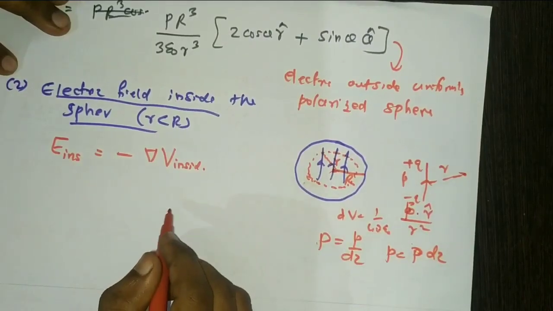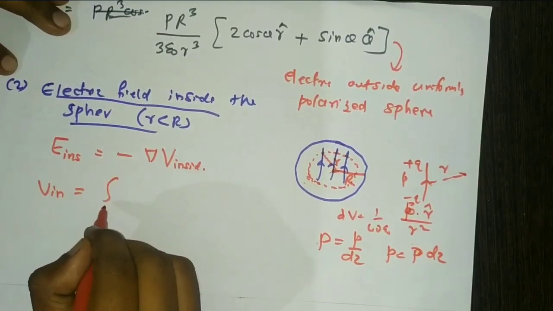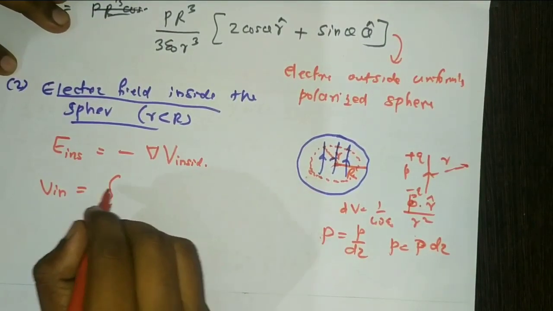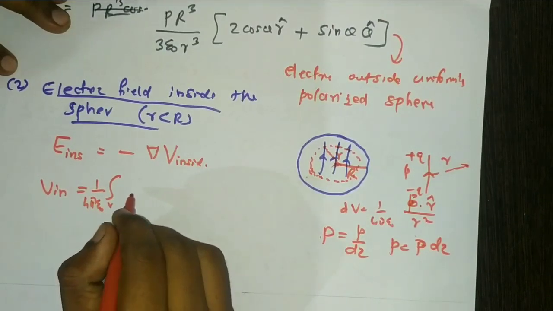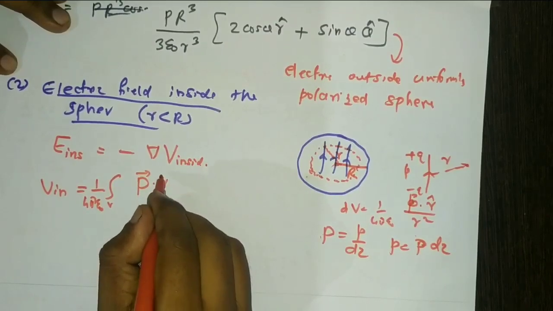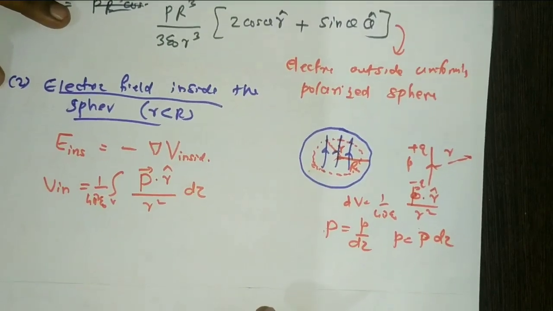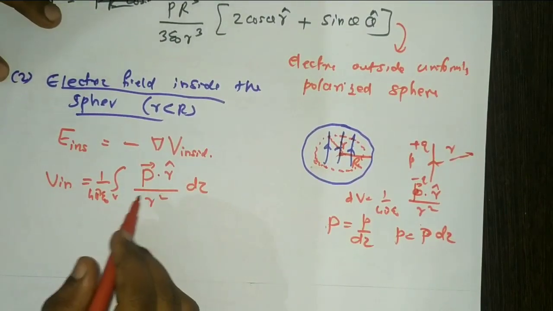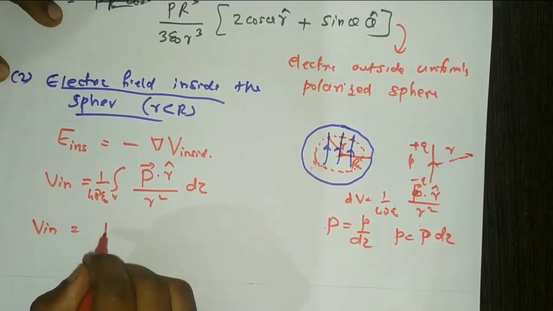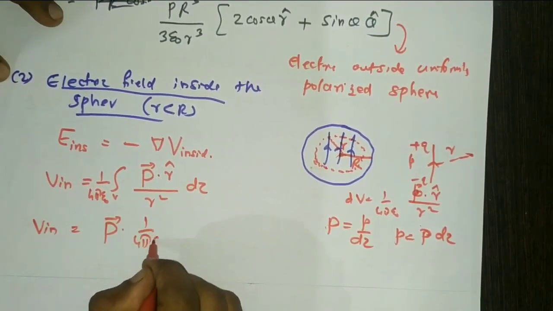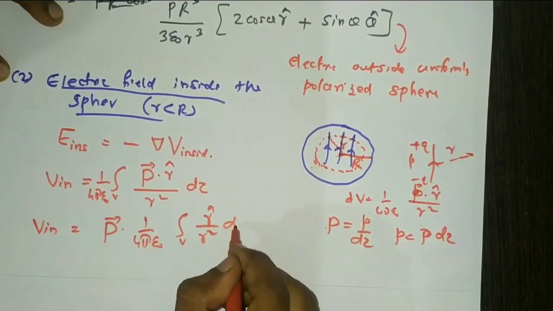Substitute here, then we can write the potential inside the polarized sphere as an integration over volume. We can take 1 by 4 pi epsilon 0 outside. This is P dot r cap divided by r square d tau. Since the polarization is uniform, I can take it outside. This V is equal to P times 1 by 4 pi epsilon 0 volume integral of r cap by r square d tau.